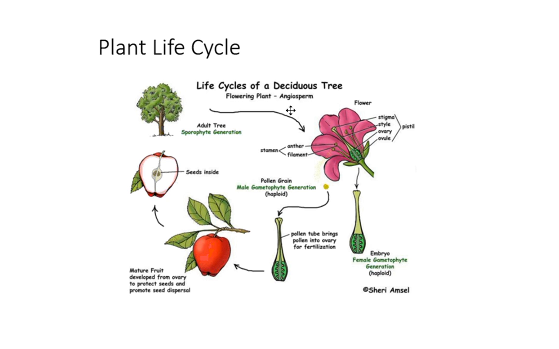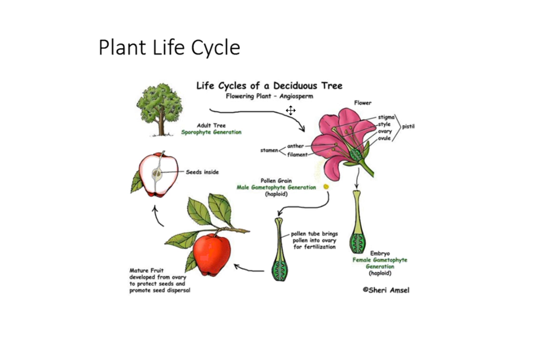Now, the basic plant life cycle, we're going to have a whole learning target concerning this. But plants reproduce sexually. They exist part of their life in a haploid state, and the other part of their life in a diploid state. This diploid plant produces male and female gametes, and these gametes are sperm and egg.